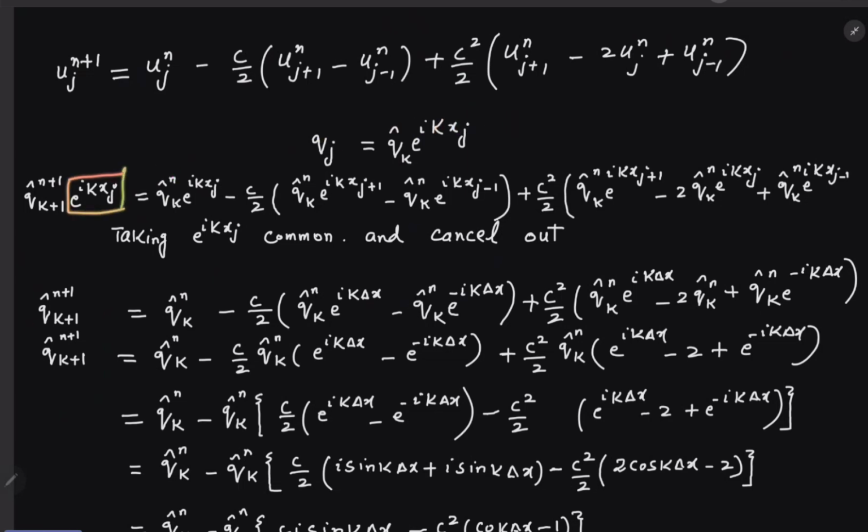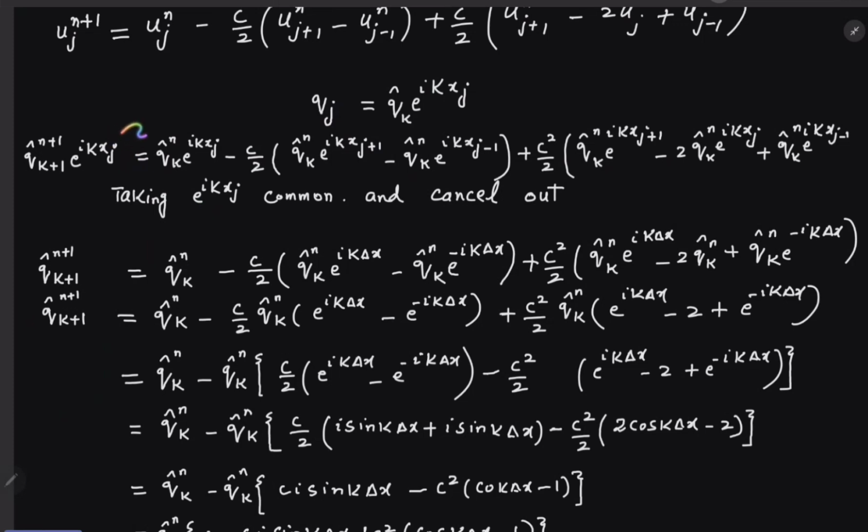We do not change it. When we put this Fourier mode over here, we need to change the x_(j+1). Since there is a j plus 1, x_(j+1) will be equal to x_j plus delta x. So we put all these values into this Lax-Wendroff method.